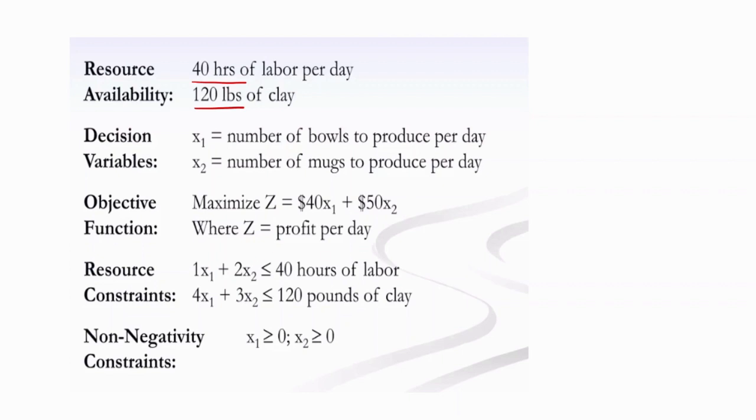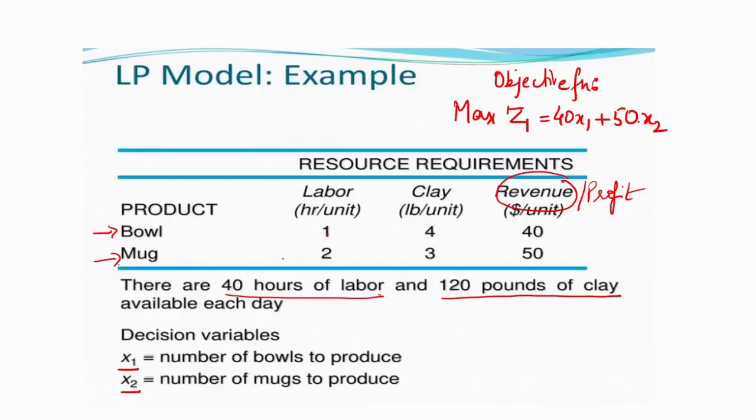Now, what would be the constraint? As we could see here, for 1 unit of bowl, I have only 1 hour of labor. The total number of hours available to me is 40. I cannot exceed that, so it is less than or equal to 40.